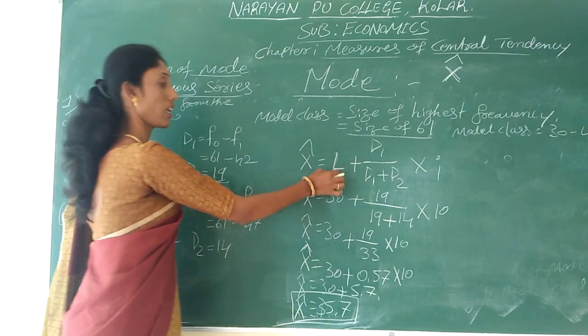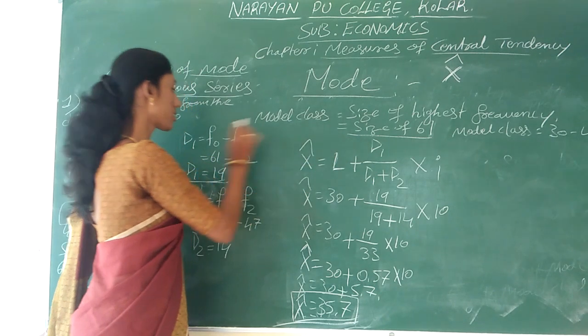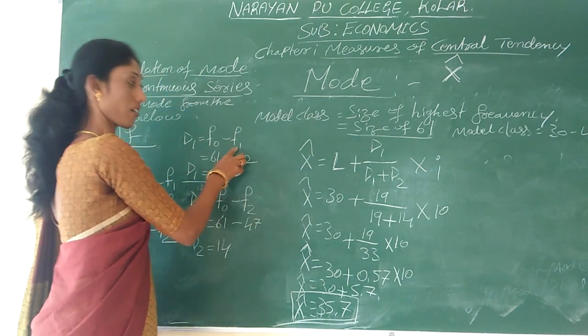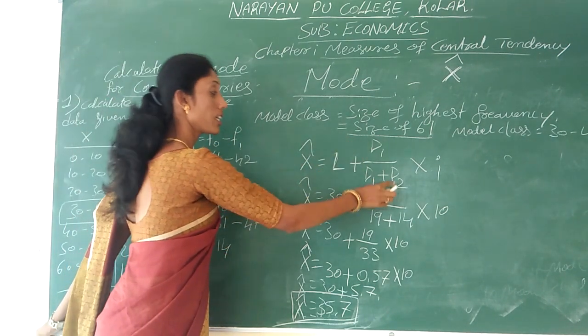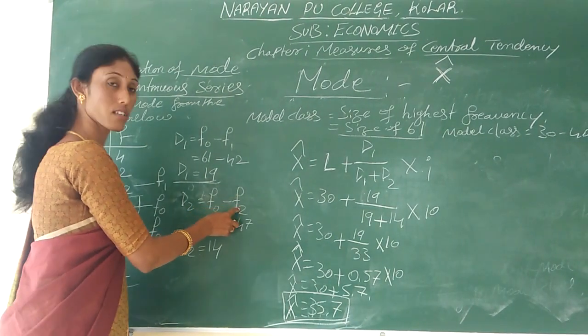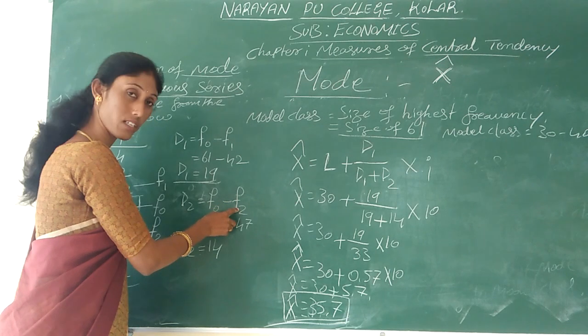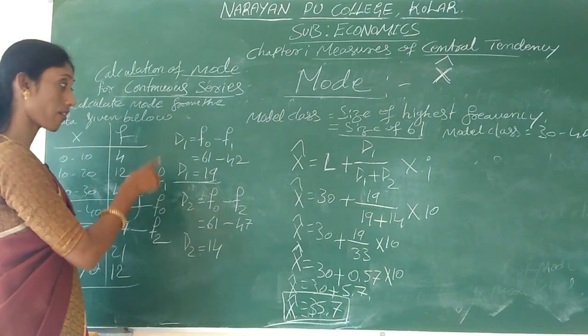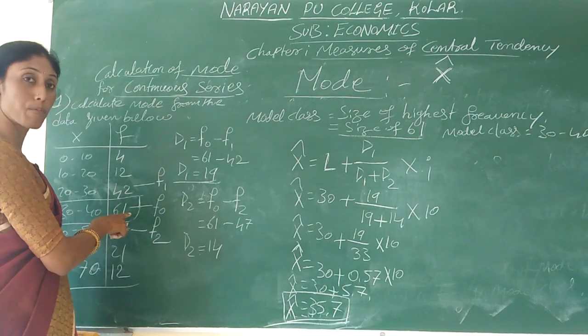Understood, right? This is how to calculate the mode. Keep in your mind: L means lower limit, D1 means difference between F0 and F1, D2 means difference between F0 and F2.